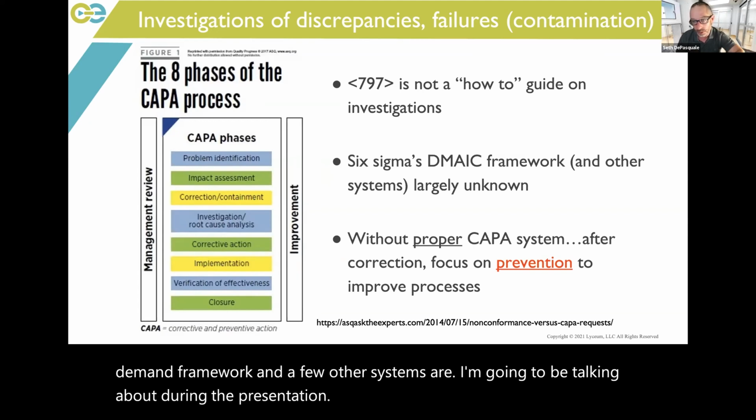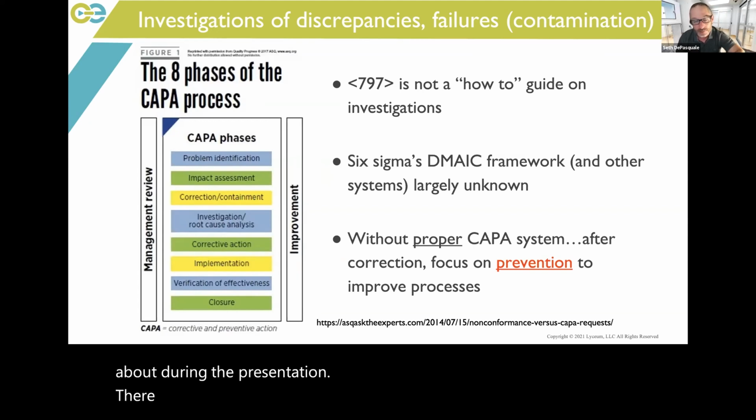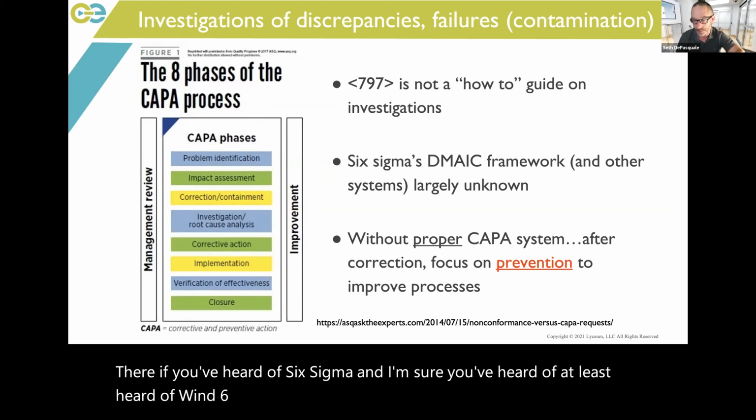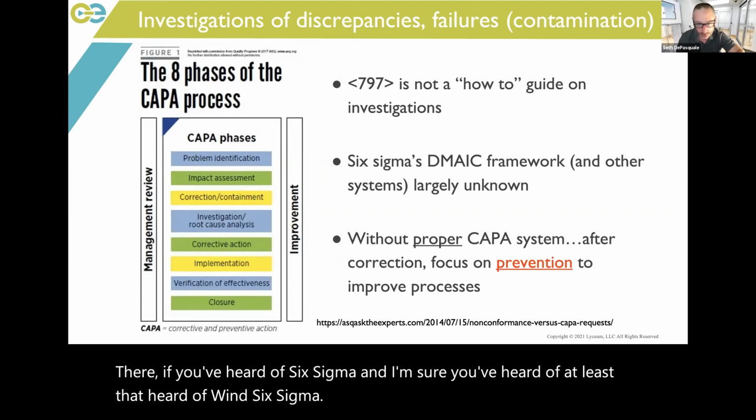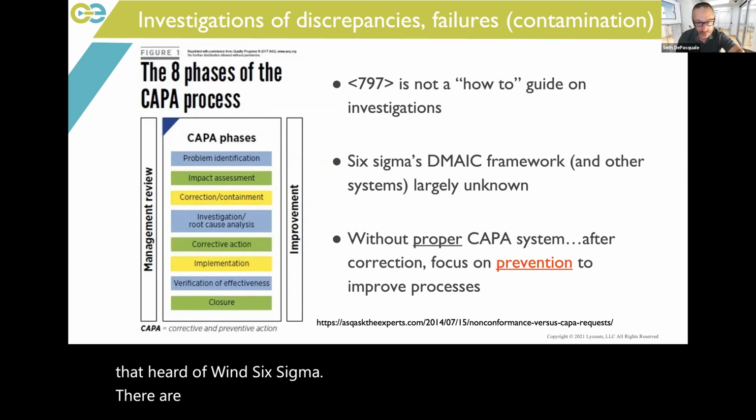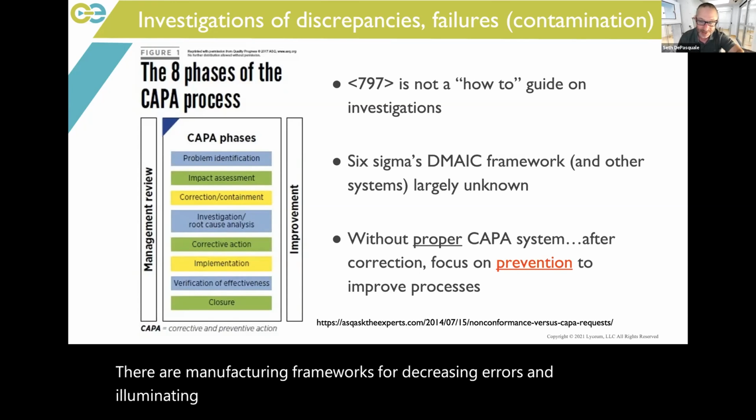If you've heard of Six Sigma, and I'm sure you've at least heard of Lean Six Sigma, they're manufacturing frameworks for decreasing errors and eliminating waste, basically, to summarize in just a really short paragraph.